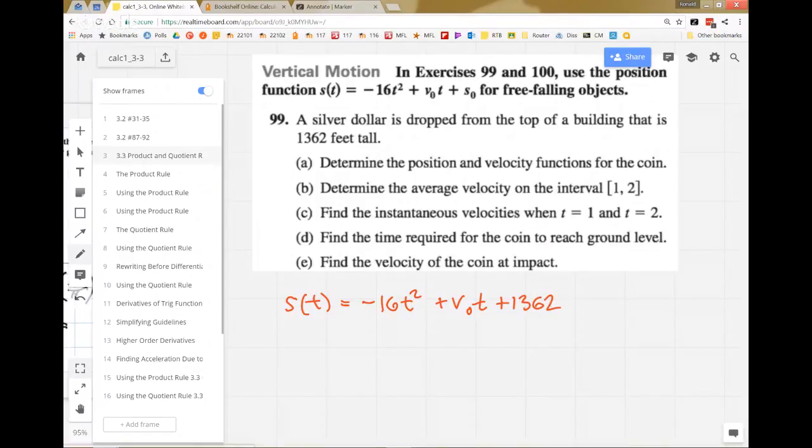The reason I put this in there is because that's the height it was dropped from. The initial velocity, we don't have that. We then want to find the average velocity.